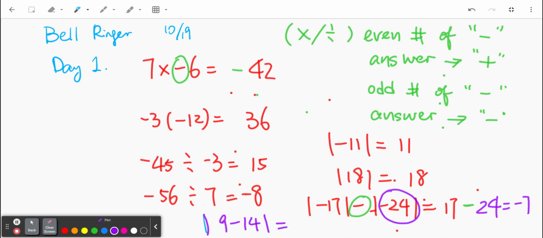So, we just do the calculation inside the sign first, okay? 9 minus 14 is what? Negative 5. Okay? So negative 5 inside the absolute sign. If you get rid of the absolute sign, it becomes what? Positive 5. Very good.